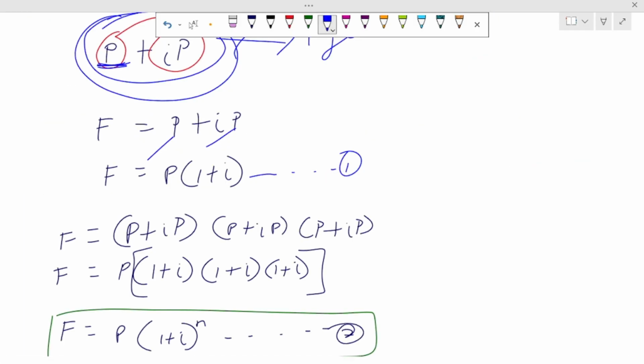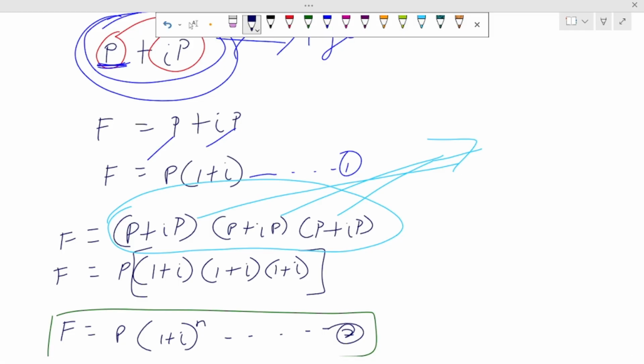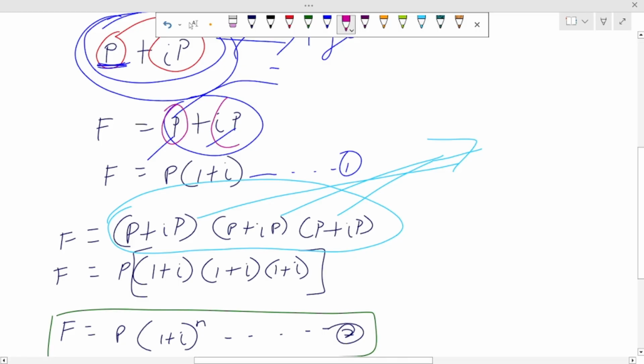Now, if for any reason you are worried about this part, why do we have this representing 1 year, 2 years, 3 years? In case you are worried about this, from first principle, this is how we moved. The money you put in plus the interest, and of course, I've explained why interest is just the rate multiplied by the money you put in.